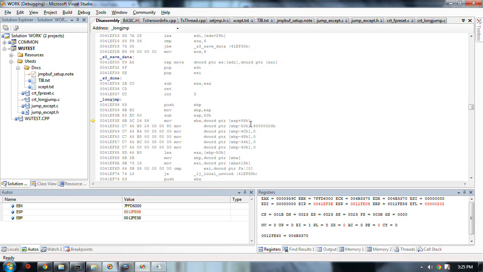One of the values is being set to this dword value, 8000-something 26, whatever that means, I don't know.